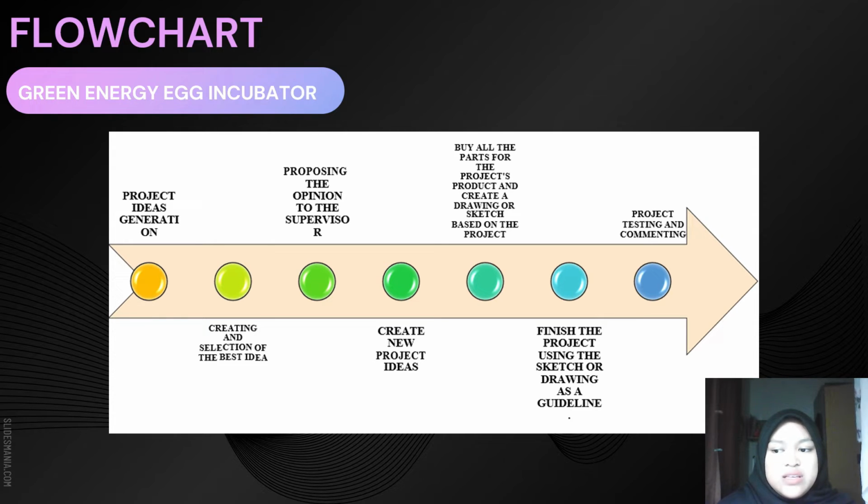After we decided and we all agreed about the new project, we went back to our supervisor to ask his opinion, and he also agreed. We continued to buy all the parts for the product and created a drawing or sketch based on the project.